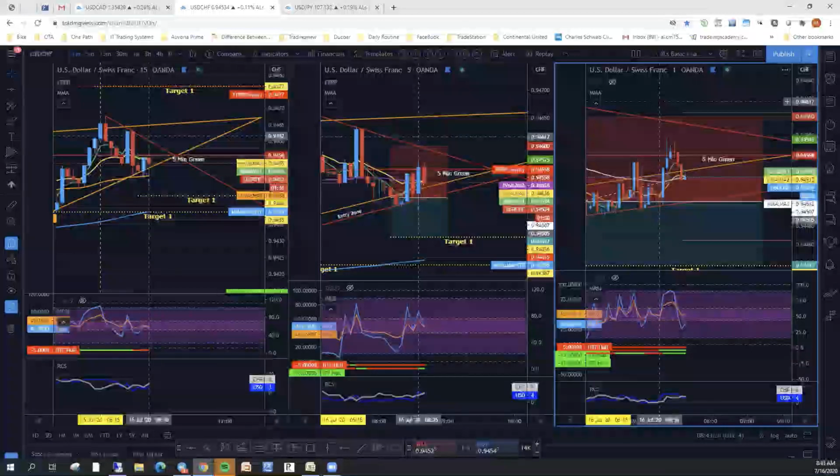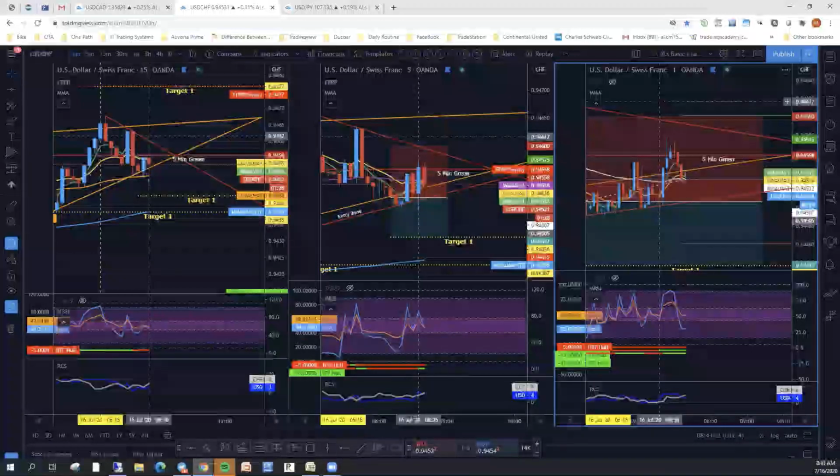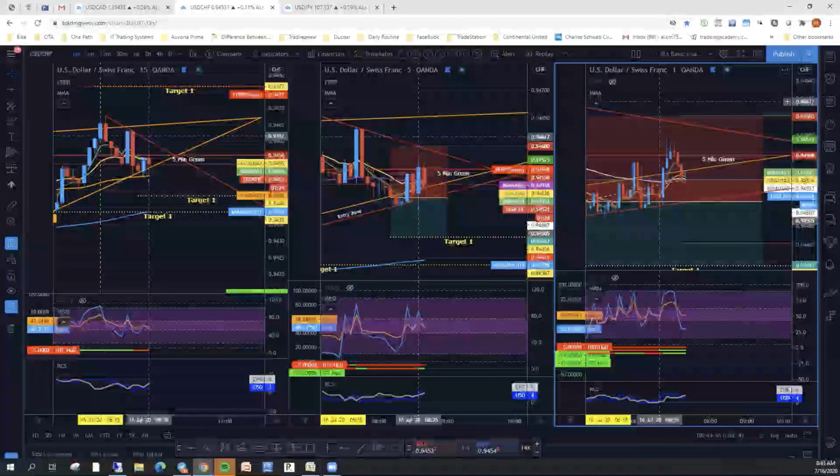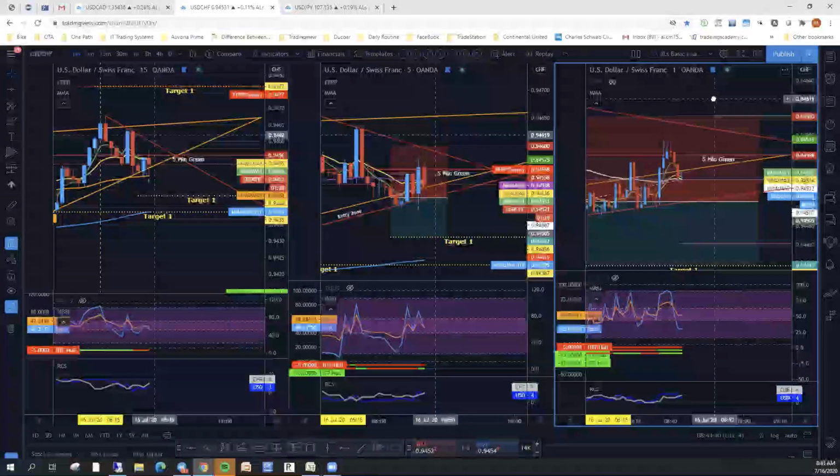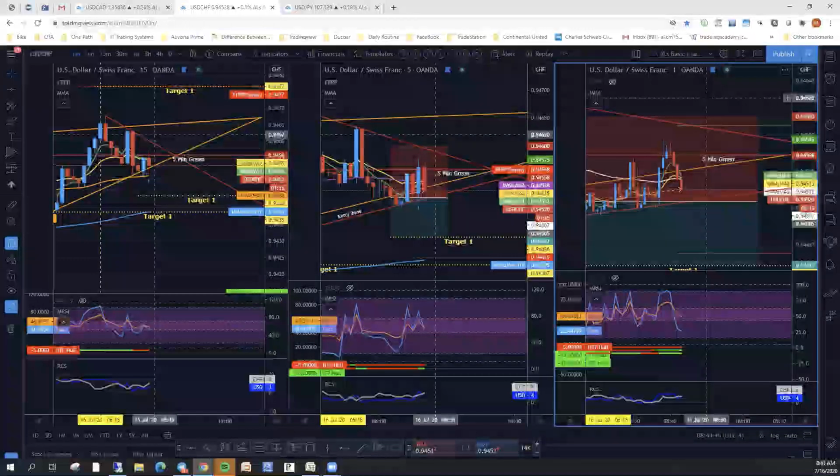And we're trying to streamline it so that your learning curve is as short as possible. We're trying to compress time frames as much as we can. You're not going to understand everything. We're not going to go over Elliott wave. We're not going to go over every aspect of Fibonacci.